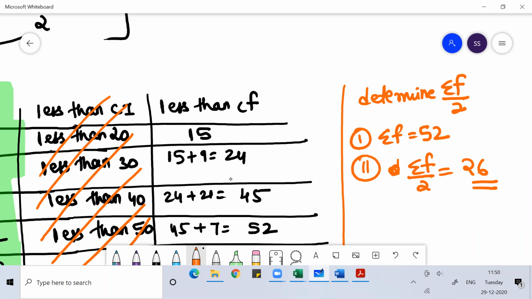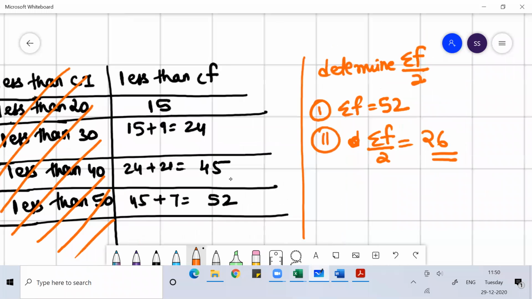Okay, everyone. So the first thing is to determine the sum of f by 2.